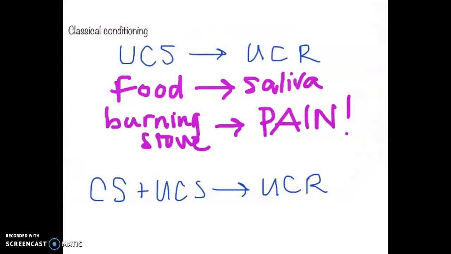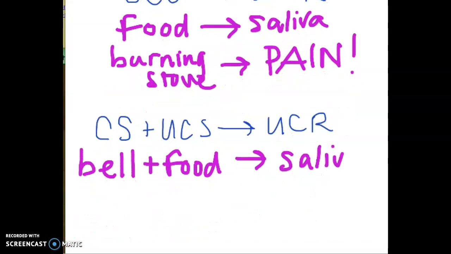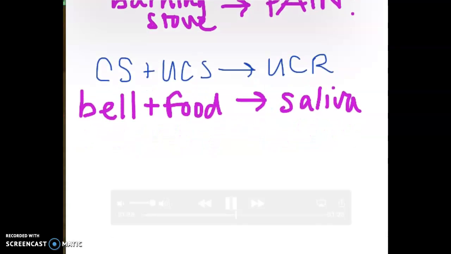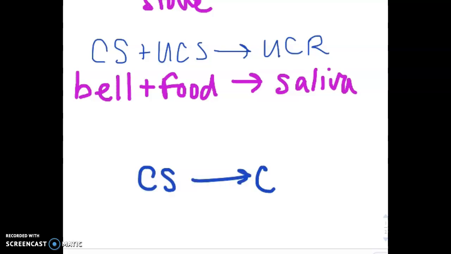So for Pavlov, he paired a bell with the presence of food to get his dog to salivate, right? And when he did this, he learned that he could then make the dog salivate just by ringing the bell. That's the conditioned stimulus leading to the conditioned response.